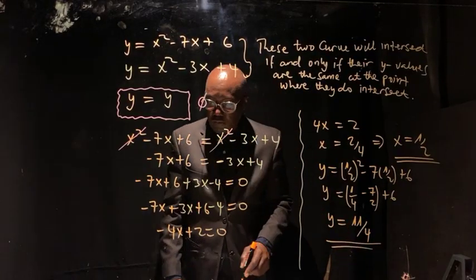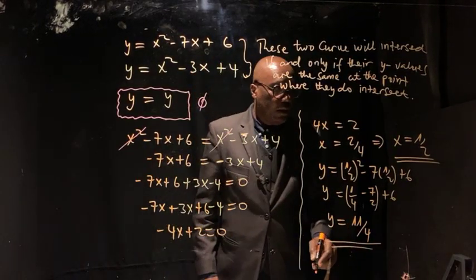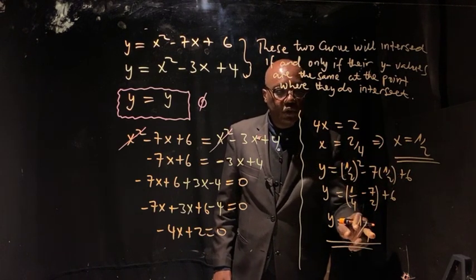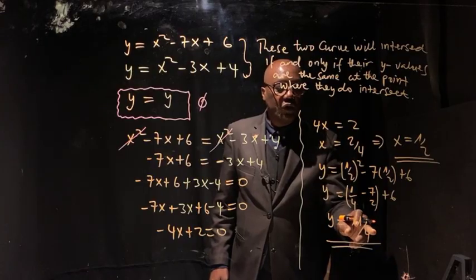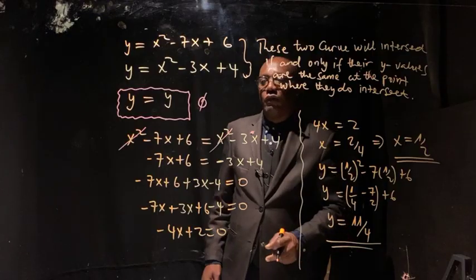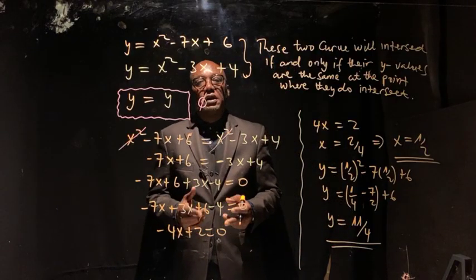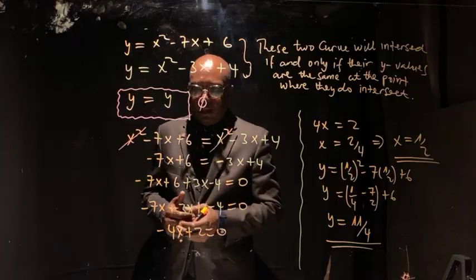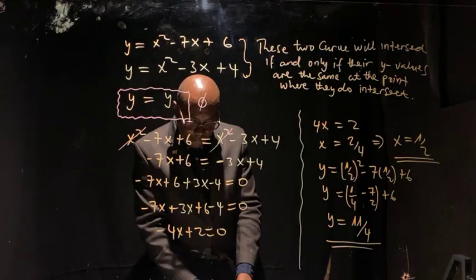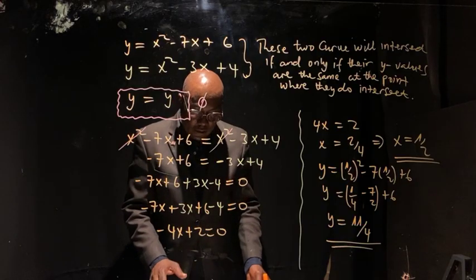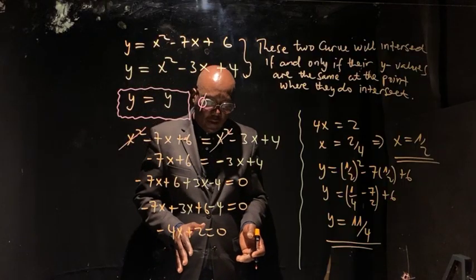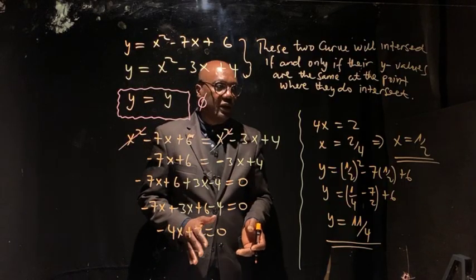These are the points of intersection, where x equals half and y equals 11 over 4. It's the point of intersection of the two curves. Now, as far as the question is concerned, it says to find the x-coordinate of the point of intersection.